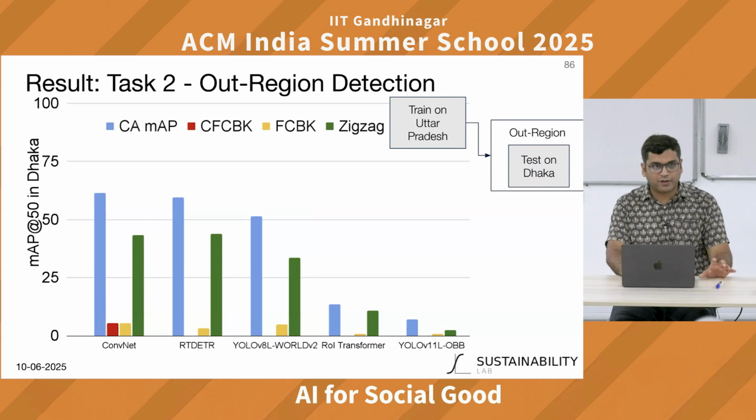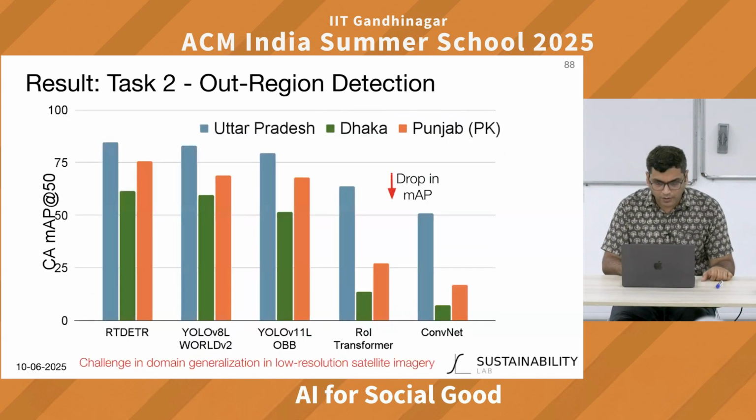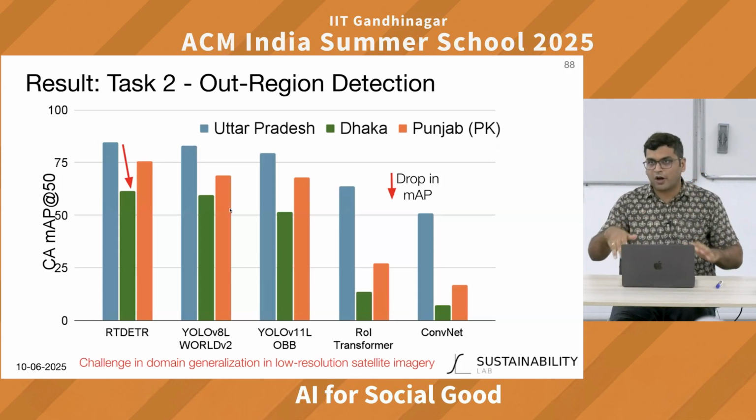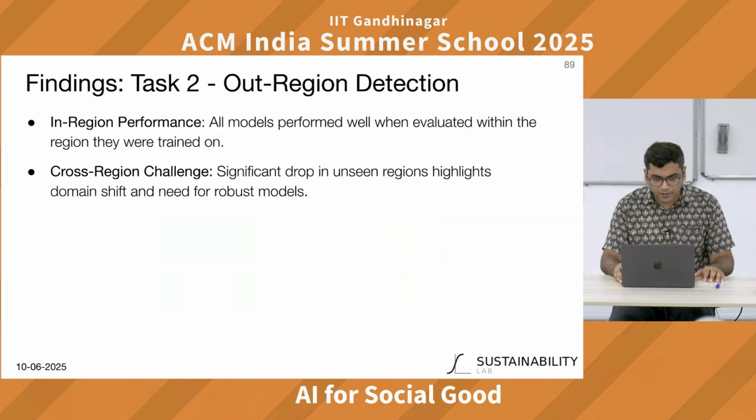Because of the different geographies, we're not able to very nicely predict based on models trained in one geography on the other. Whenever we're looking at the drop, we should be looking at UP compared to the others. So that's just the drop in prediction scores that we are seeing.